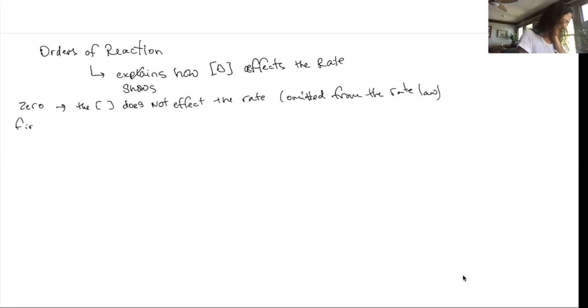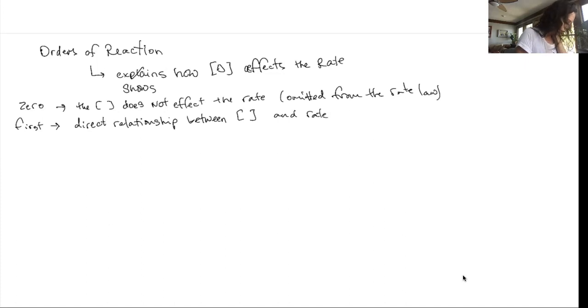If it is first order with respect to a reactant, well, that means that there is a direct relationship between concentration and rate.